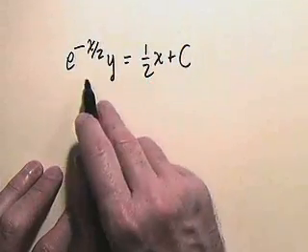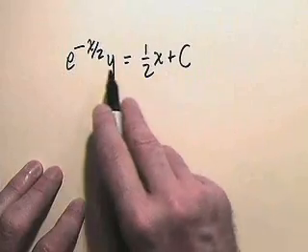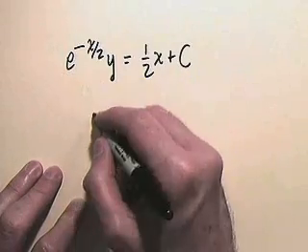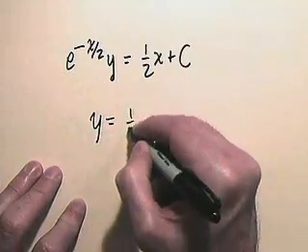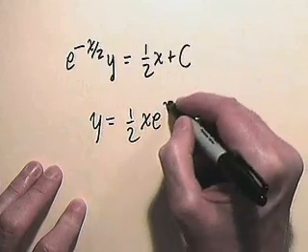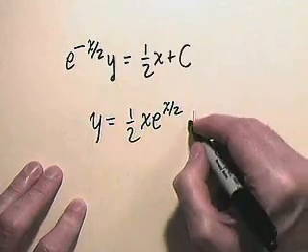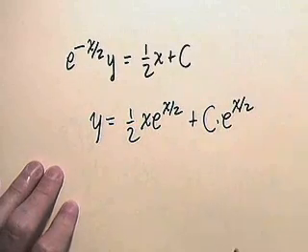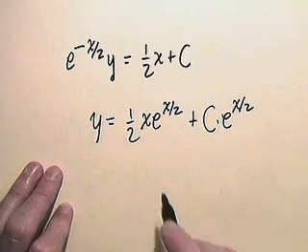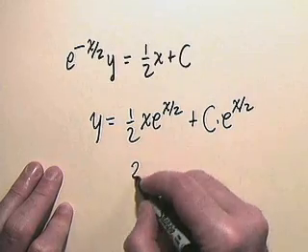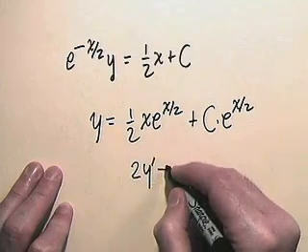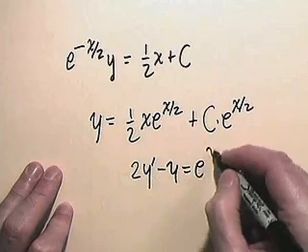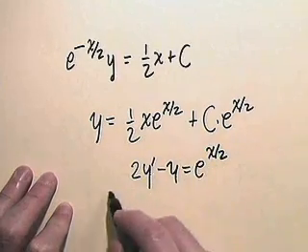So consequently, to solve this, all I have to do is multiply both sides by e to the x over 2. We get y equals 1 half x times e to the x over 2 plus constant of integration times e to the x over 2. That's the general solution of our equation 2y prime minus y equals e to the x over 2.